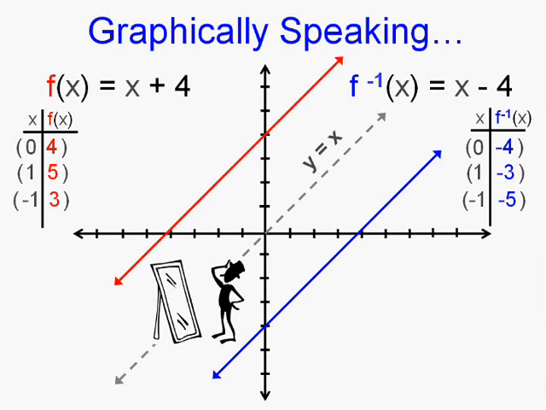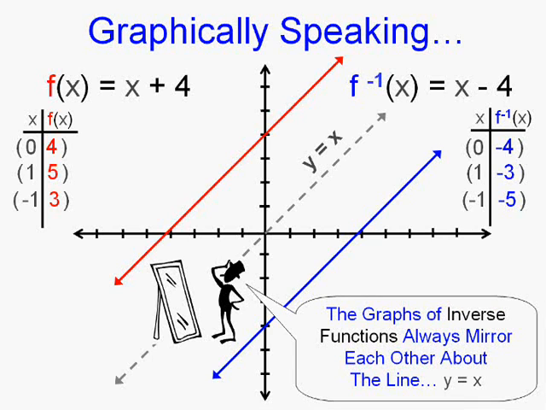I could actually fold this graph on the dotted line, which is the graph of the line y equals x, and the red would end up on top of the blue. That'll always happen. So the graphs of inverse functions always mirror each other about the line y equals x. That's another test that you could use on your calculator even.